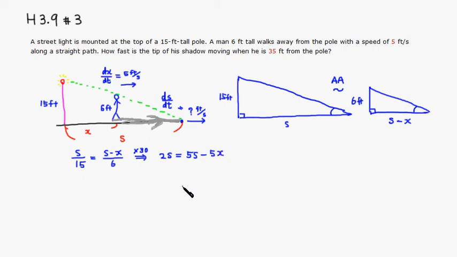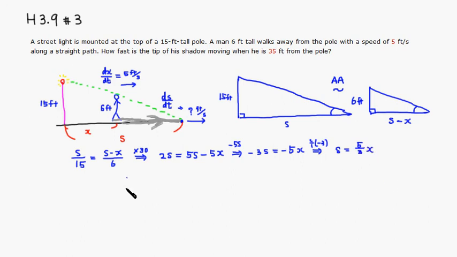Since we are looking for ds over dt, I'm going to solve this equation for s. First I'm going to subtract 5s from both sides. Then you get negative 3s is equal to negative 5x. Then we divide through by negative 3 to get s equal to 5 over 3 x.